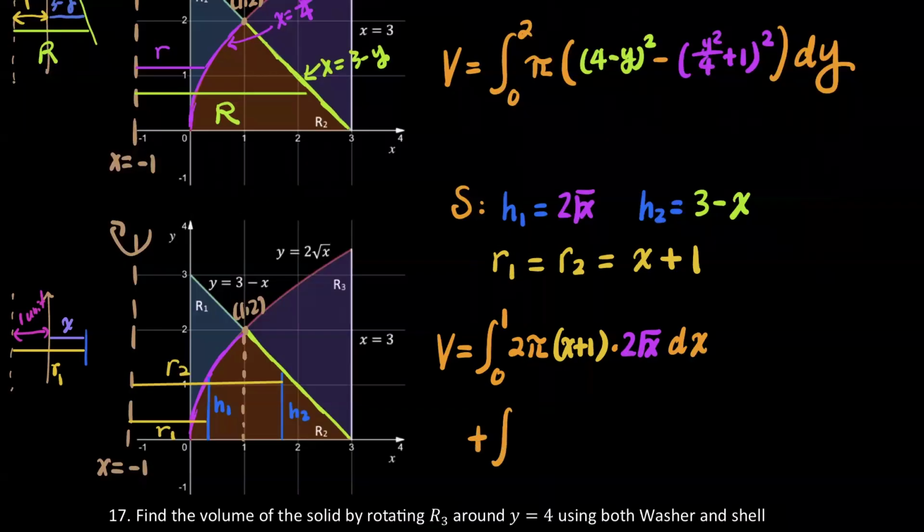Plus the second portion, the portion to the right, goes from 1 to 3, 2 pi r times the height. For the second portion, the height is 3 minus x dx.